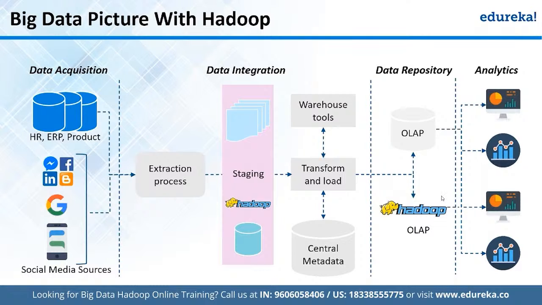But for now, assume that this is the endpoint. From there, the data is exposed through only two channels: either through OLAP, which is the traditional data warehousing, or via Hadoop or any big data system.